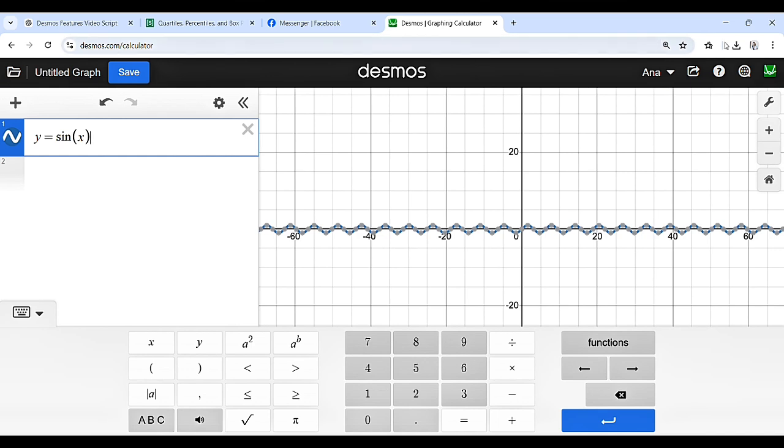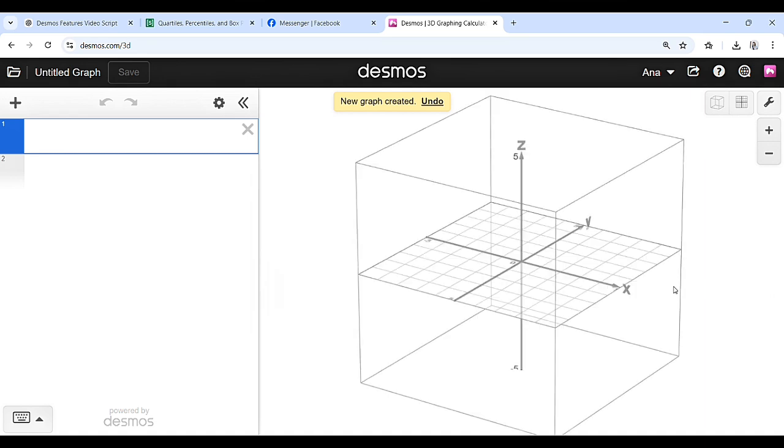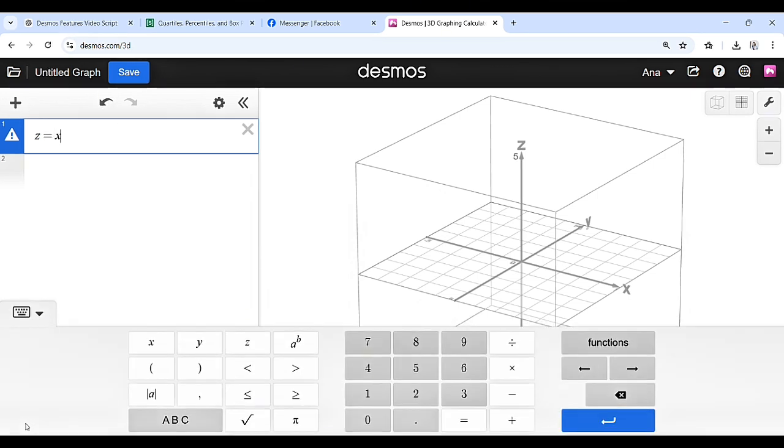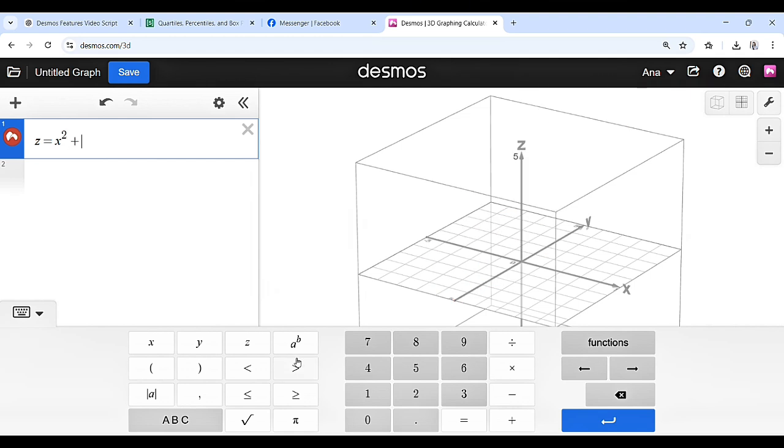Another feature is, for example, we want to try the 3D calculator. So, for example, we want to know what is the 3D graph of z is equal to x squared plus y squared, and we can see the graph here.